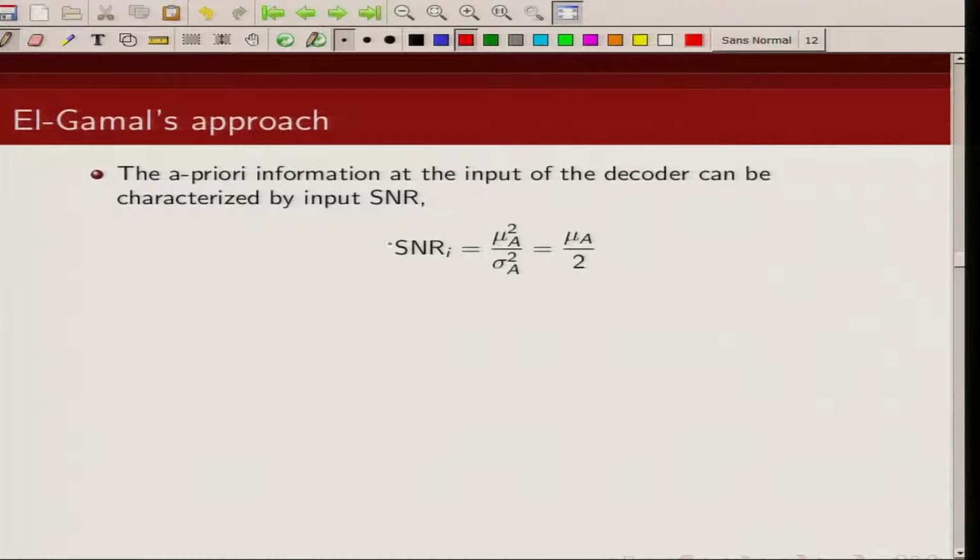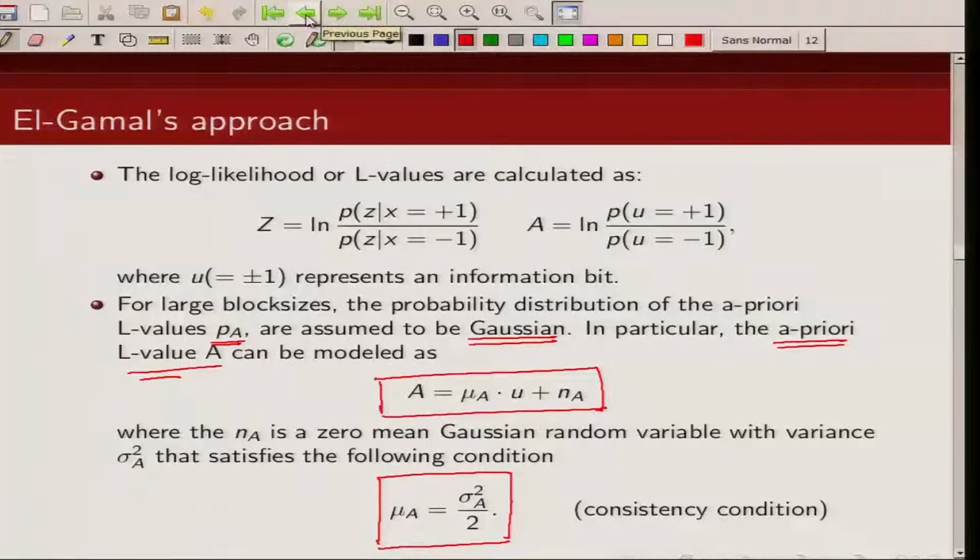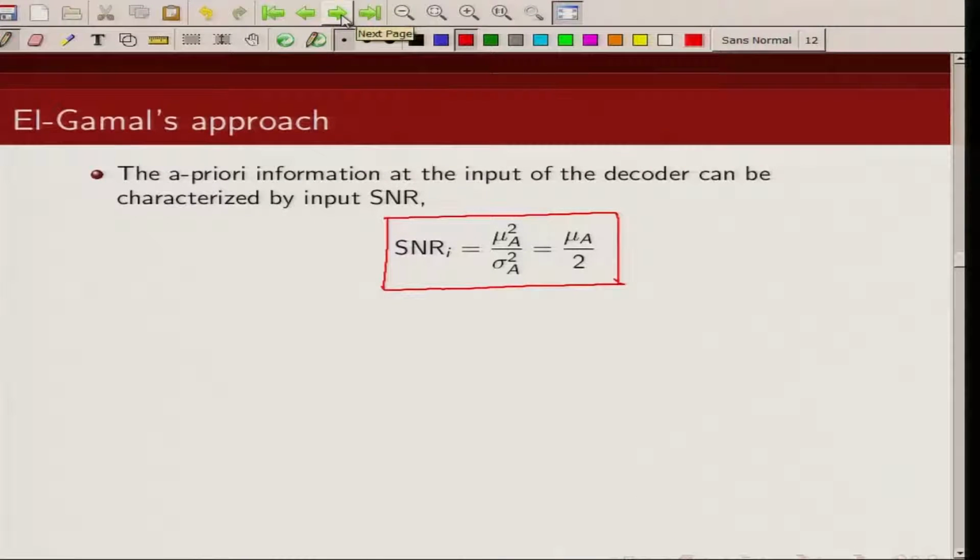Now, similarly we can define the input SNR of the a priori information. This is mu A square by sigma square. Now, sigma square by 2 is mu A. So, our input SNR is given by the mean of the a priori information divided by 2.